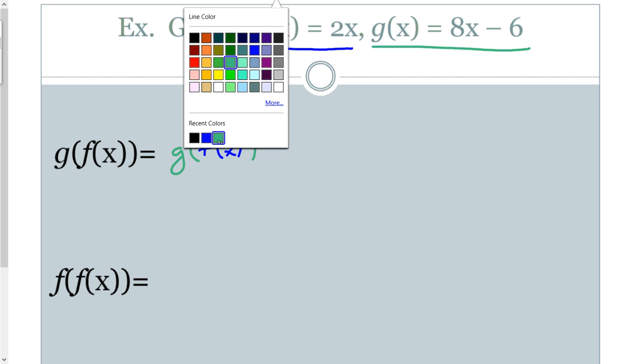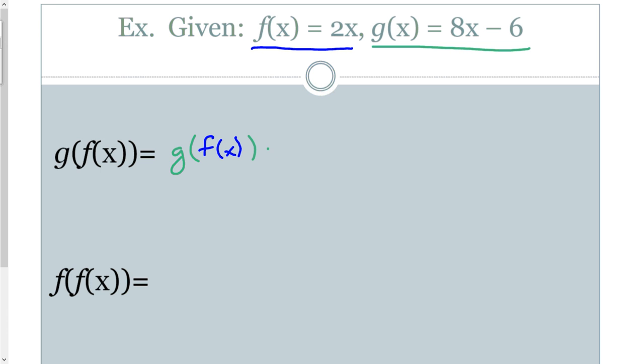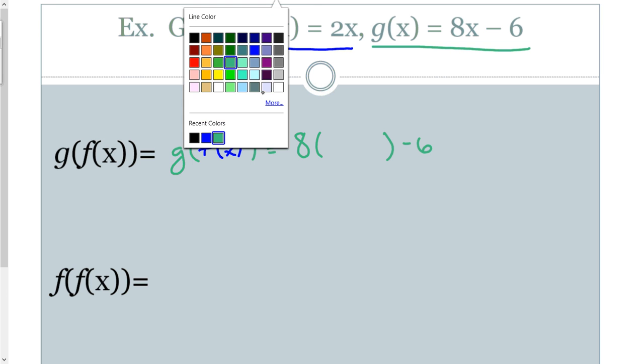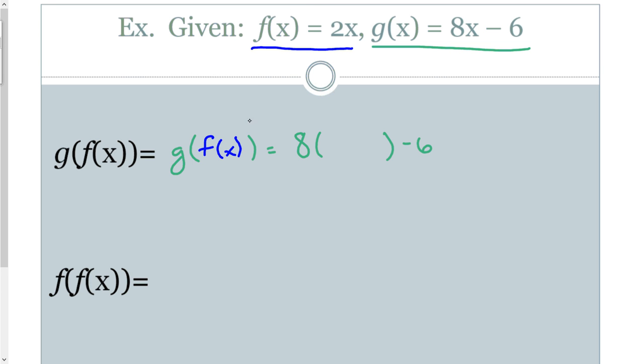Going along with my idea that this is really just fancy substitution, g of its input is equal to 8 times my input value, and then I take 6 away from that. My input value in this particular case is f of x. Well, what is f of x?